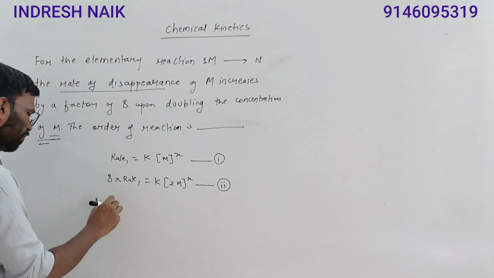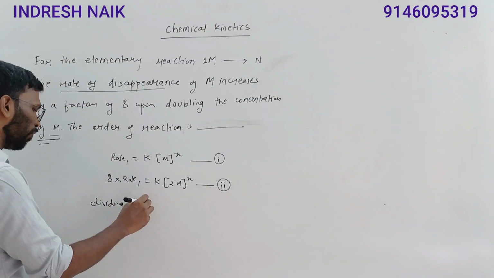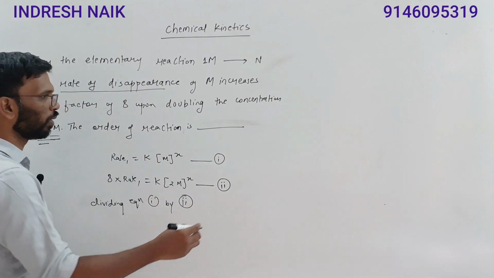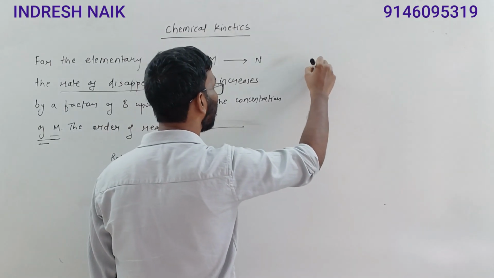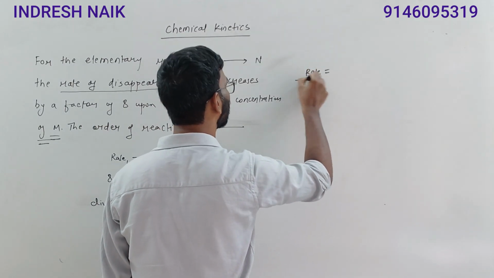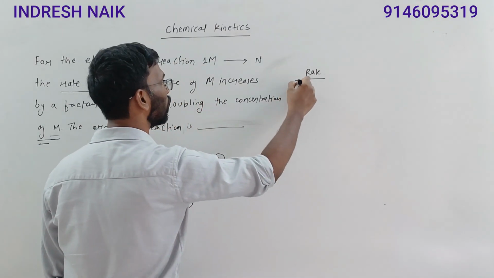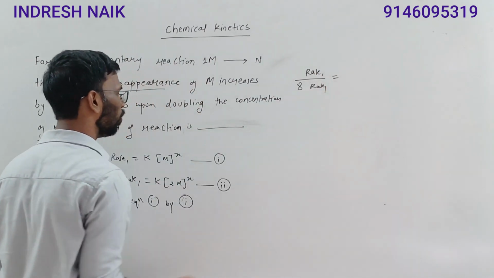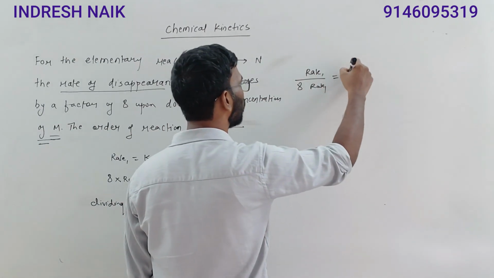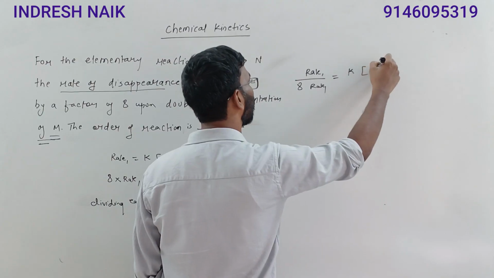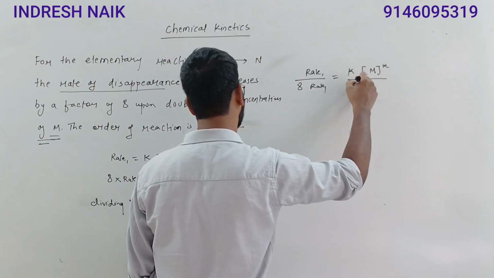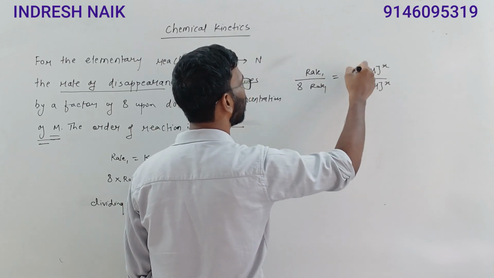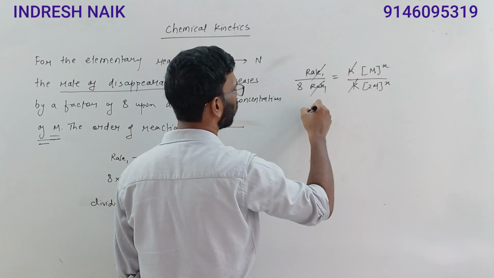Dividing equation 1 by equation 2, I write rate 1 upon 8 times rate 1 is equal to K M raised to X upon K 2 M raised to X. This K and this K will get cancelled. So what is this? 8.